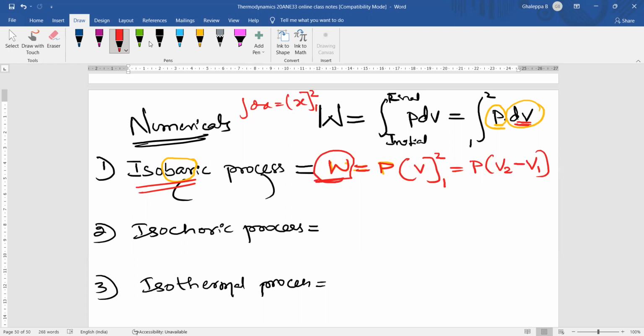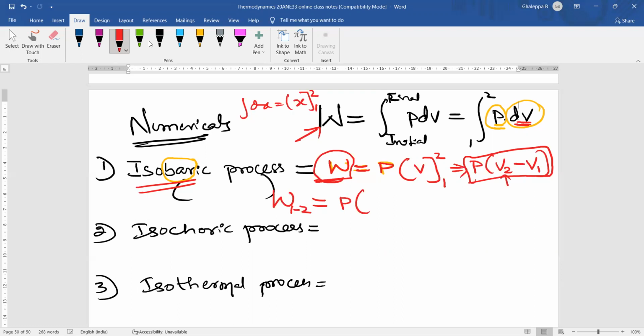In the question paper, if it is said that the process is isobaric, then directly use this equation. Remember, the expression for work done for isobaric process from 1 to 2 is equal to P into V2 minus V1.